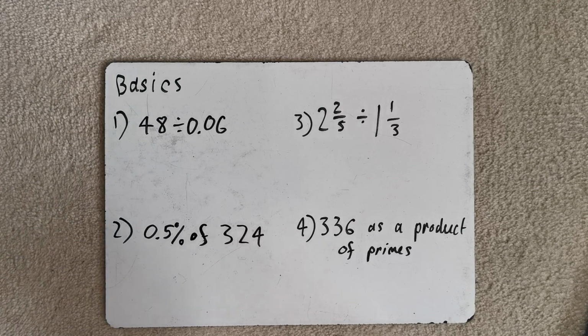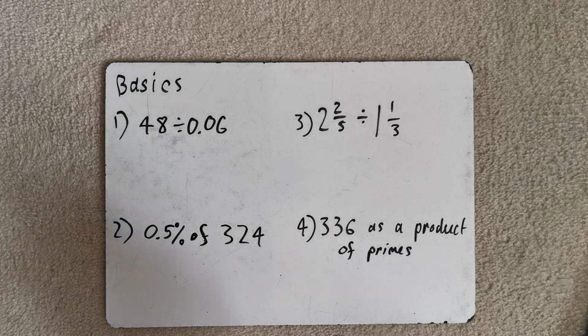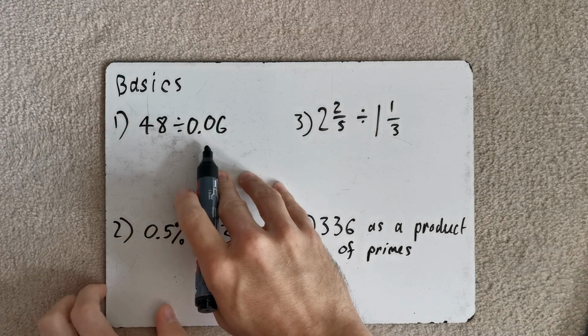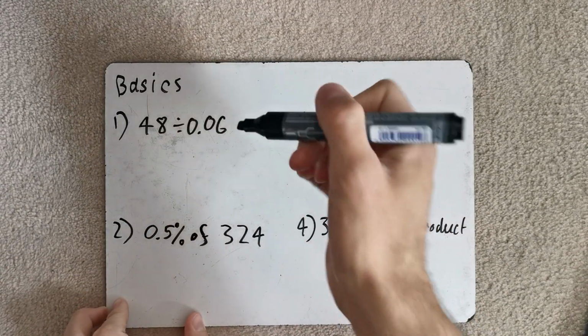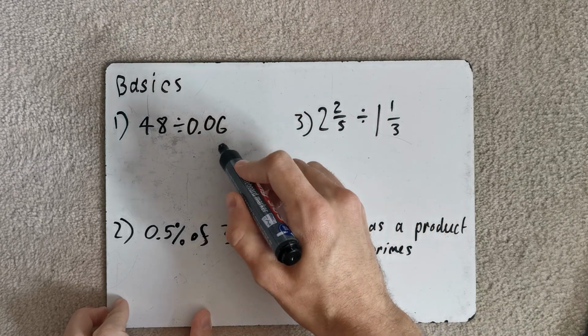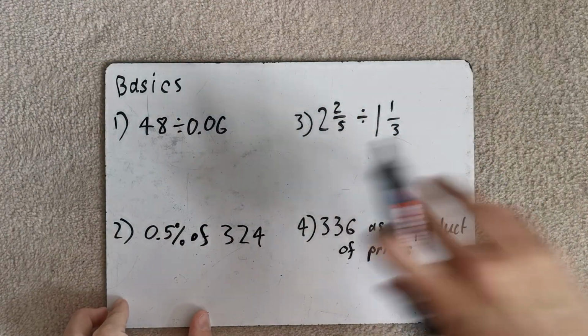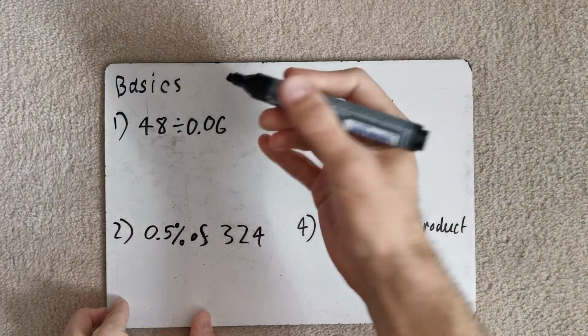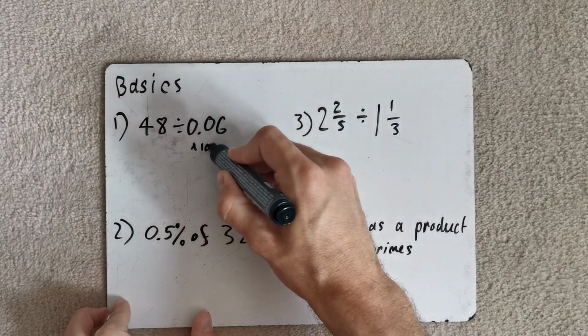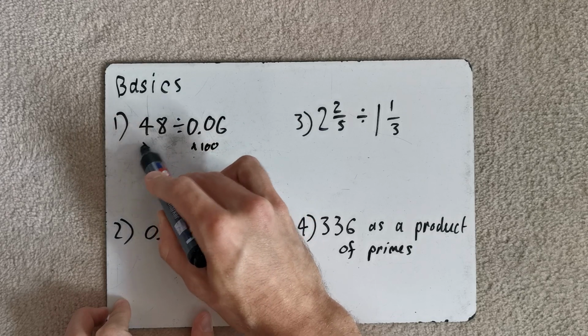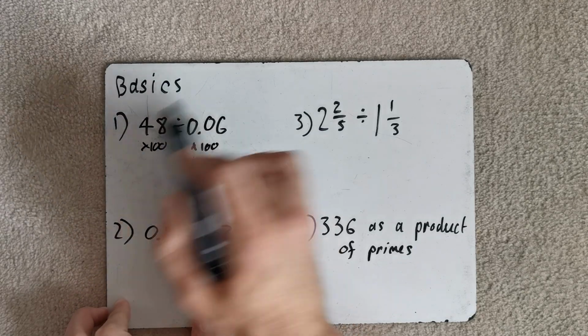Right. So first one, we don't like dividing by a decimal. So what we've got to do is try and make it not a decimal. That's going to become a whole number. How can we make that a whole number? Well, shift it two places across, times it by 100. Shift this two places across as well. Whatever you do to one side, you've got to do to the other.